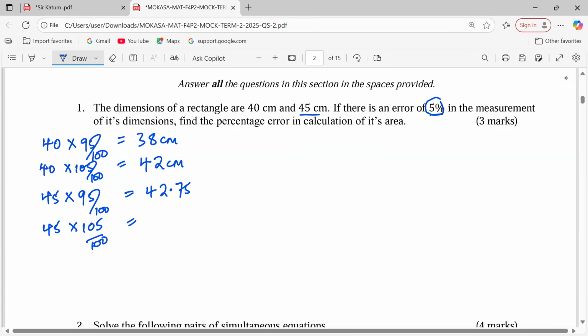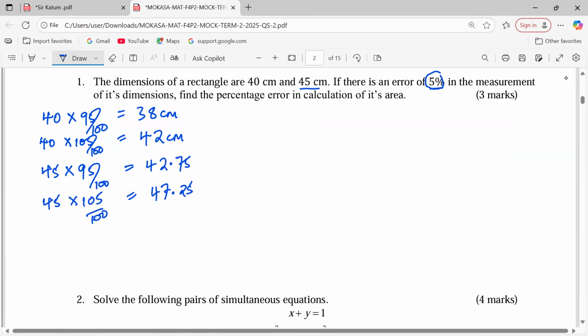So it's not all the time that you'll be given the accuracy as a certain number of decimal places. This time around, the accuracy has been given as a percentage of whatever has been recorded.